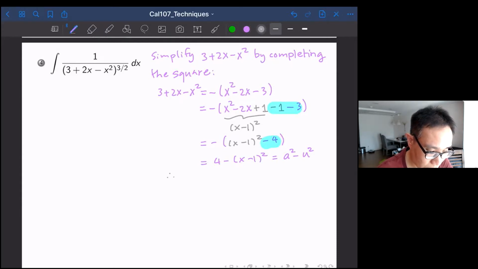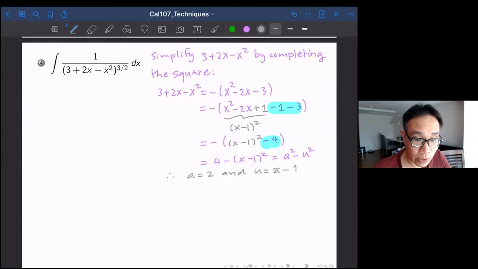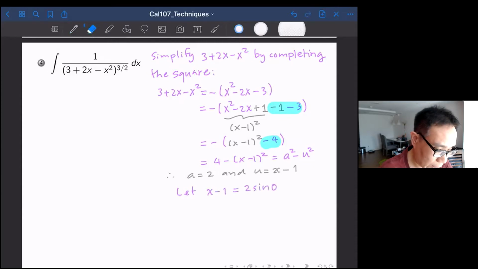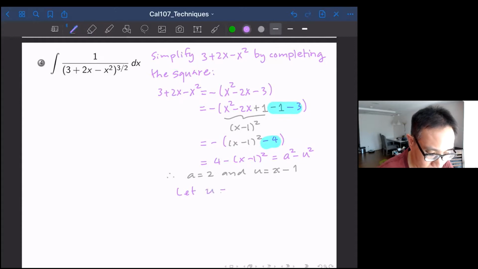In this case, you let a equal 2 and u equal x minus 1, and you have a squared minus u squared. So you let u equal a sine theta, which means x minus 1 equals 2 sine theta.